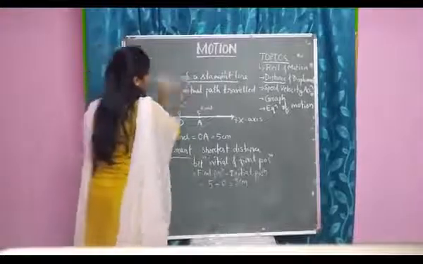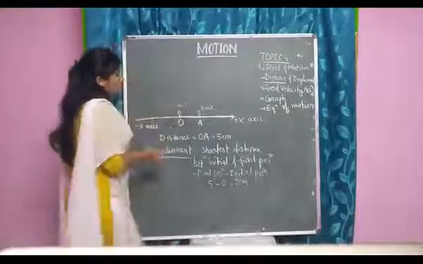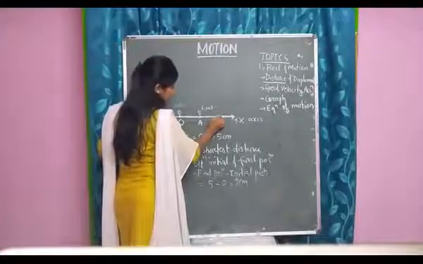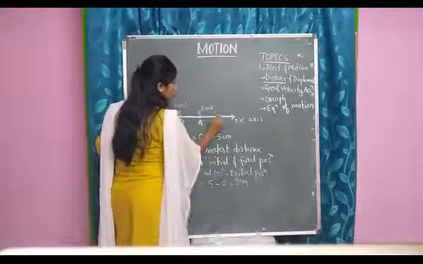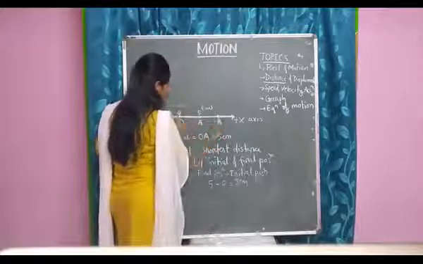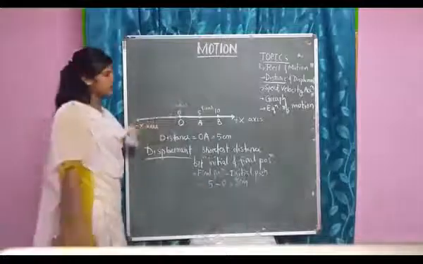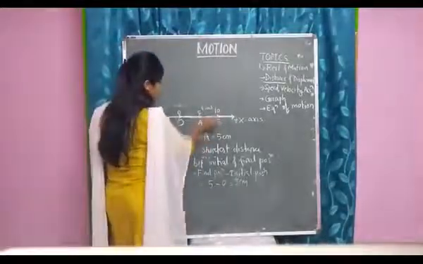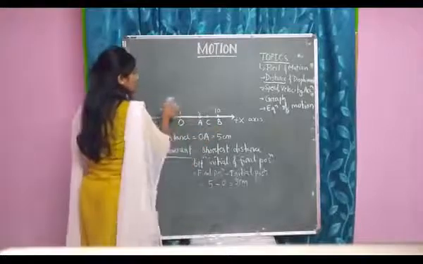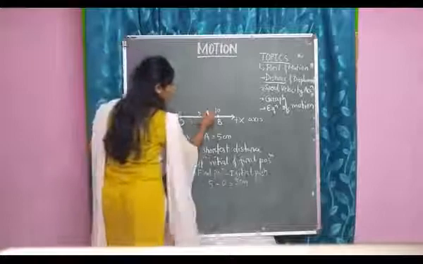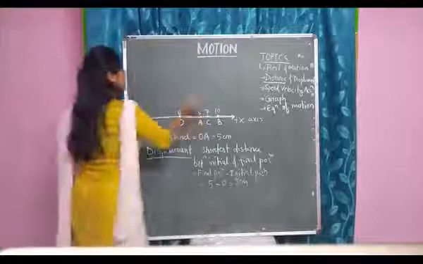Let us go for another example of displacement. Suppose now the body is moving along this direction. It first moves from O to A, then it goes to point B, which is at a distance of 10 centimeter along x-axis. Again it is coming back to point C, whose coordinate is 7 centimeter.